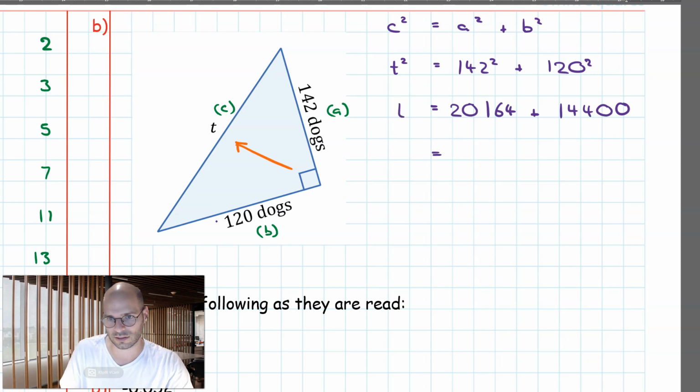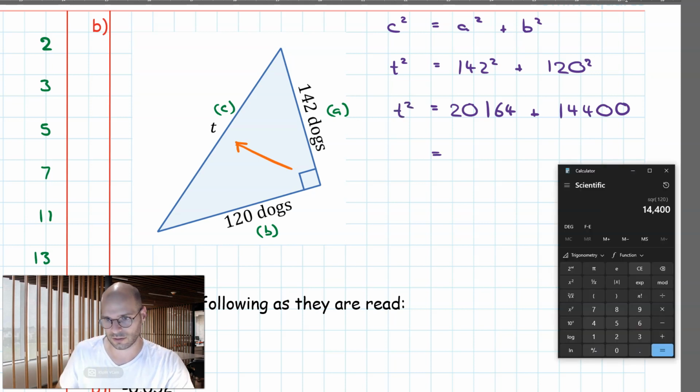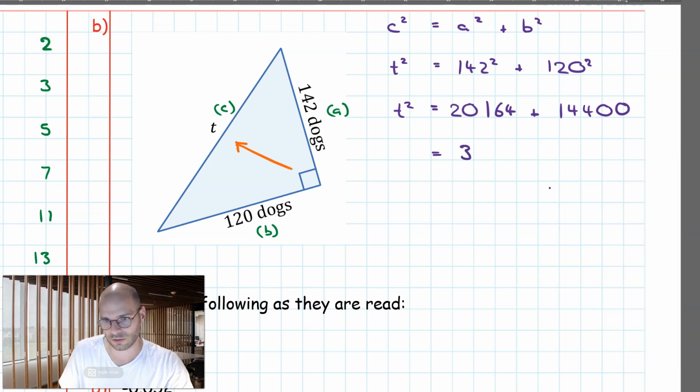This is still T squared. Next, I add them together. 14,400's in there, so I'll just go plus 20,164. This gives me 34,564. This is still T squared.